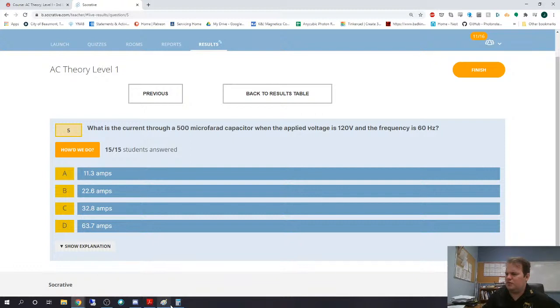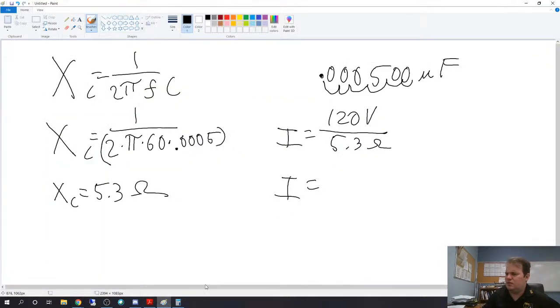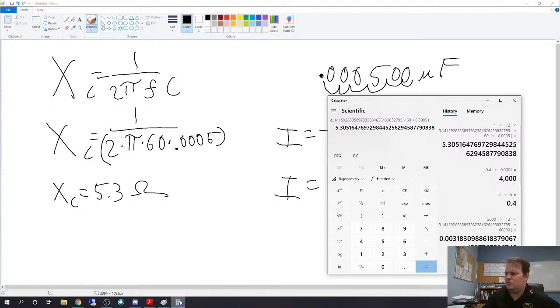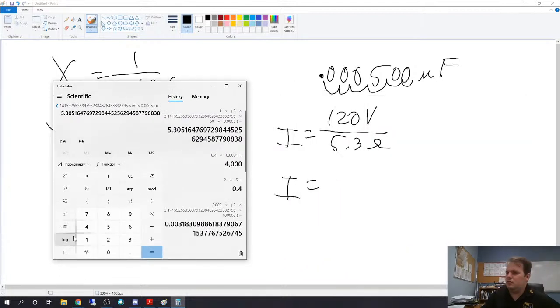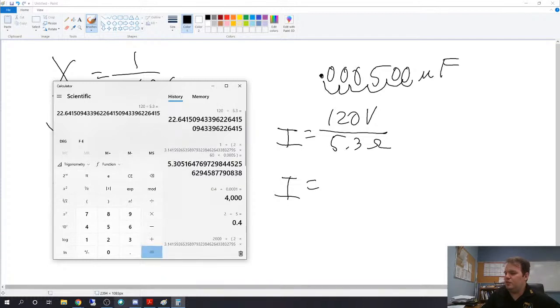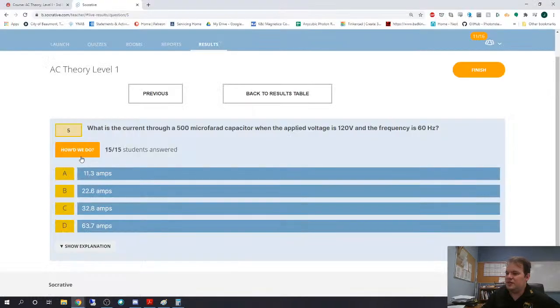Would it be just over 20? I don't think so. 120 divided by 5.3 is 22.64. Wrong on the math again. 22.6. And that's it.